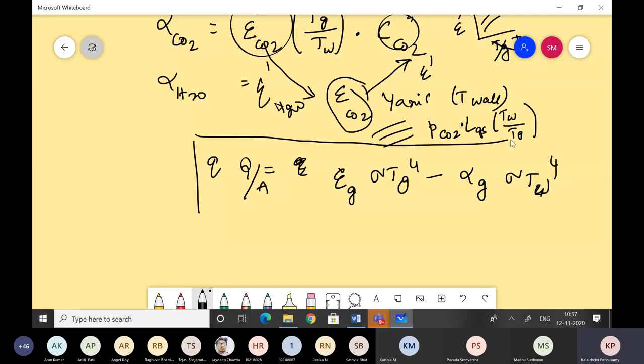This is the equation which you are supposed to use when you have a participating medium in your furnace, right? Is it clear?